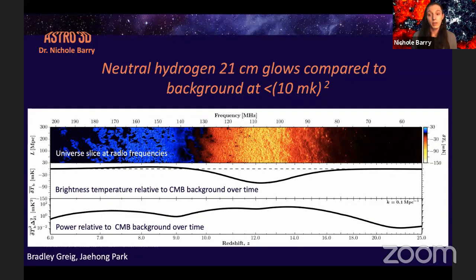And so you have an absorption feature and an emission feature. And on the bottom, you have the power relative to the background. And you can see that there's a lot of cosmological parameters you can probe just by looking at this one line. And it's at roughly about 10 millikelvin squared.